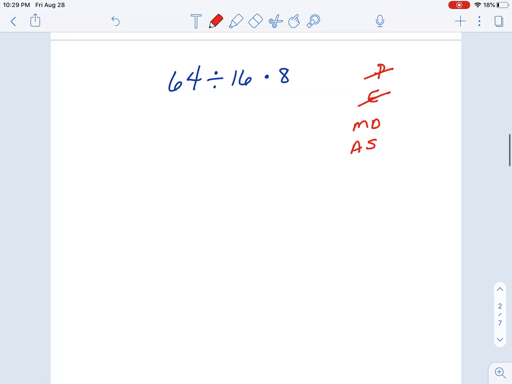So if I have both, I do it from left to right. So I'm going to do this first. 64 divided by 16 is 4. Then bring down the multiply by 8. Do I have any more multiplication or division? Yeah, I've just got multiplication. And 4 times 8 is 32. One step at a time.